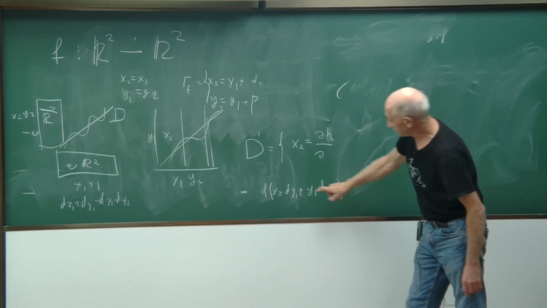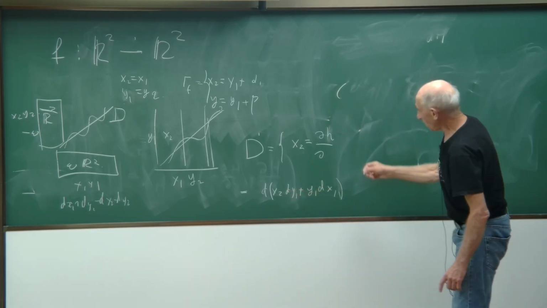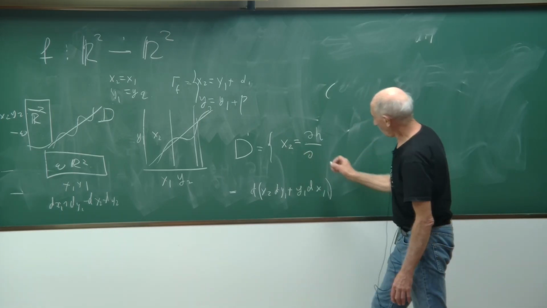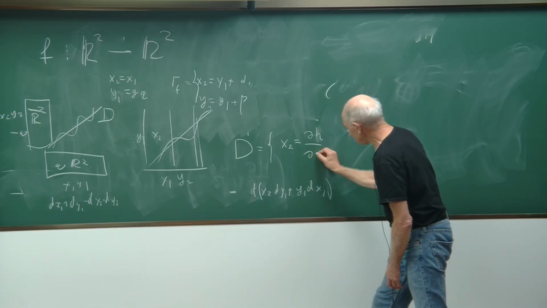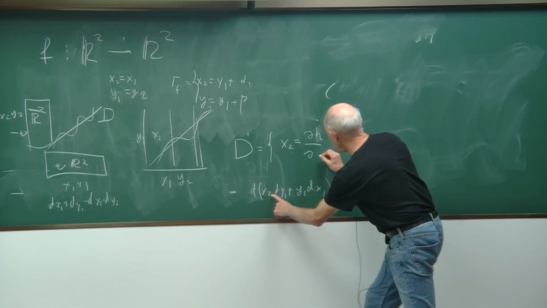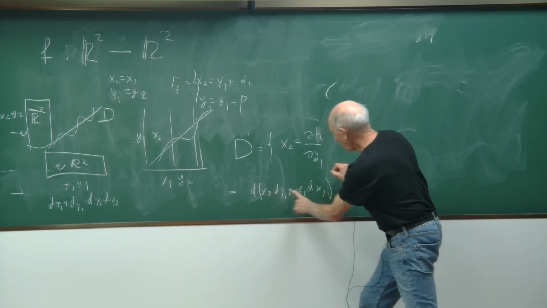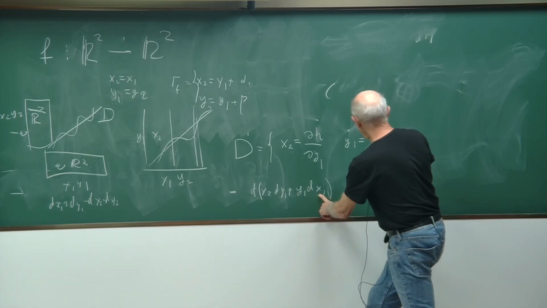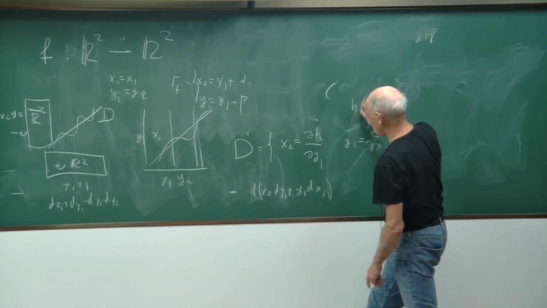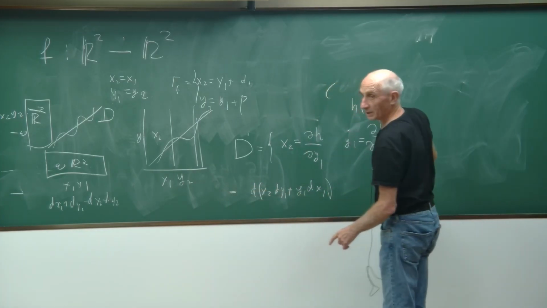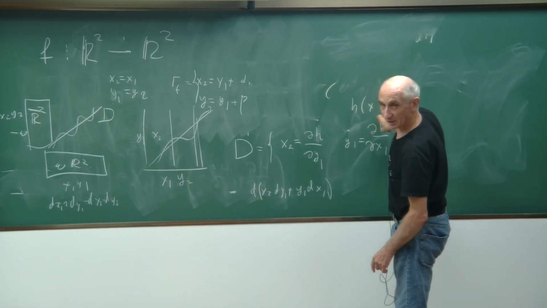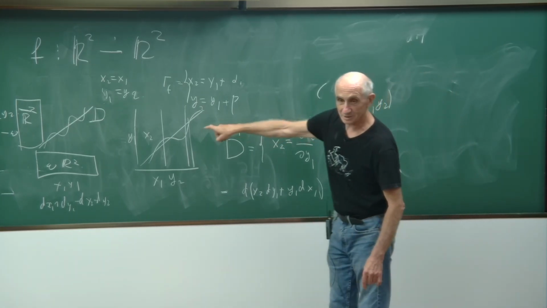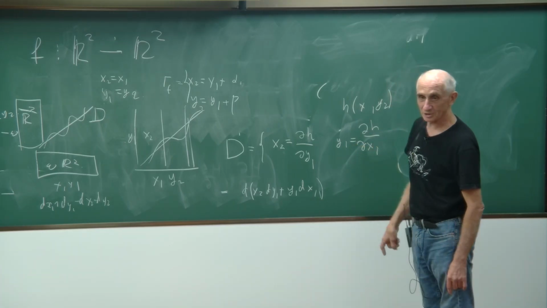Now I want x2 equal to dh over dy1, and y1 equal to dh over dx1. So I want some function of the variables x1, y2 such that if I take partial derivatives of this function, I get precisely this. So what is the function h?